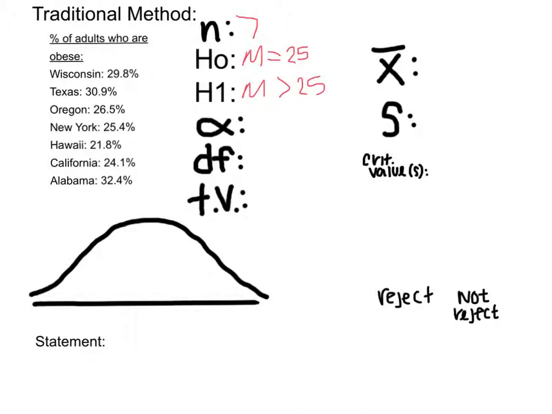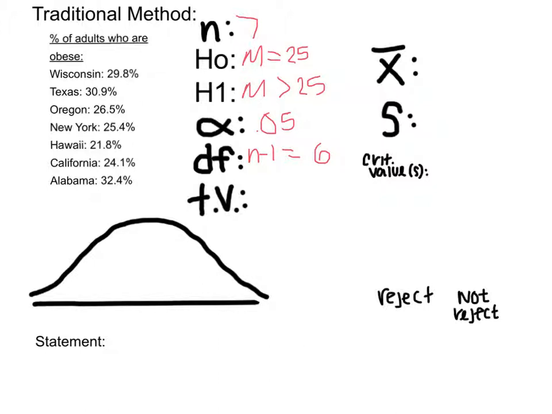And for alpha, we already know that it's 0.05. Degrees of freedom in this problem will be found by doing n minus 1. Because n is 7, 7 minus 1 is 6, so the degrees of freedom is 6.